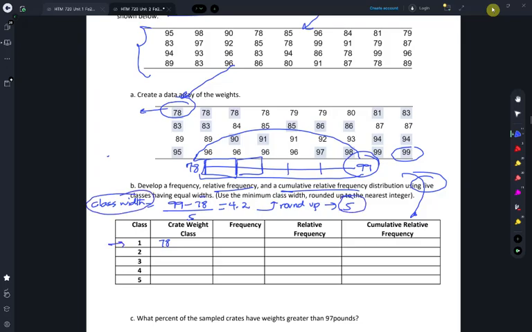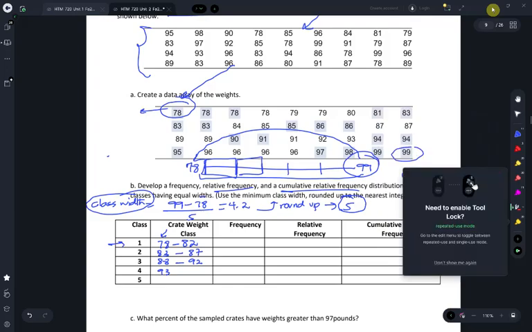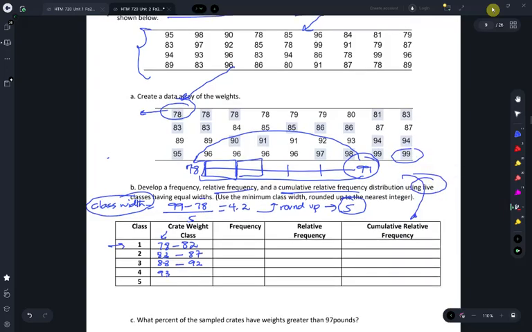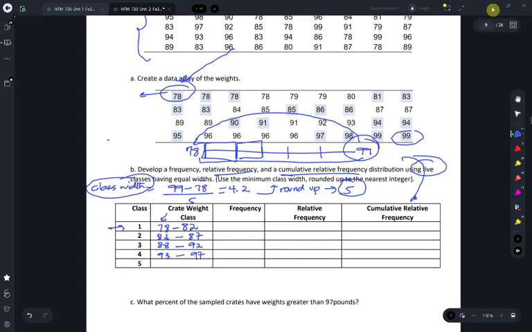In what sense? Well, this is 78, 79, 80, 81, 82. 5 numbers. So that means that the first class will go from 78 to 82, and the next one will pick up from 83 to 87, 88 to 92, 93 to 97, and then lastly we have 98 to 102.